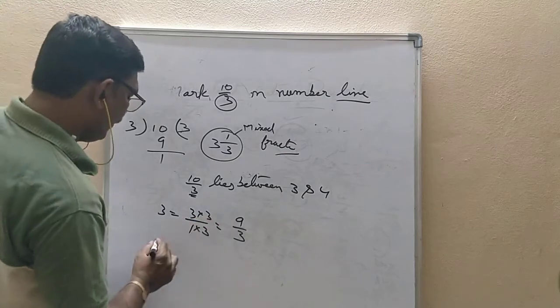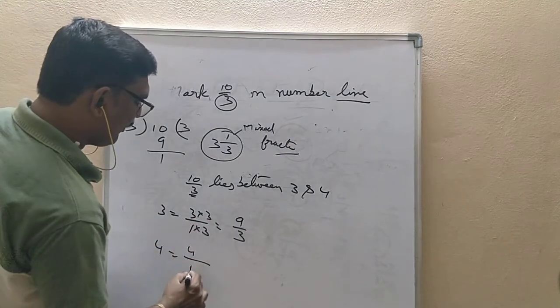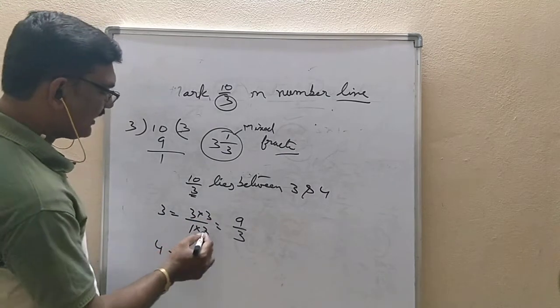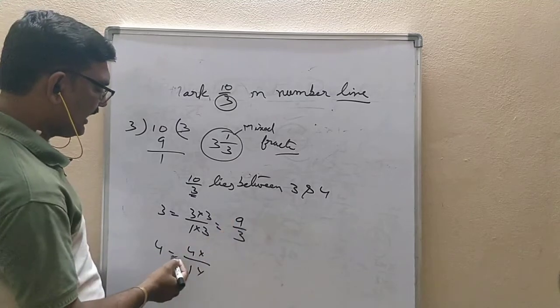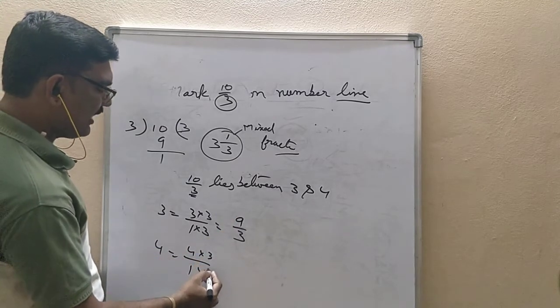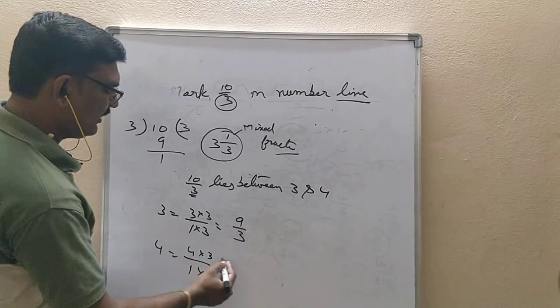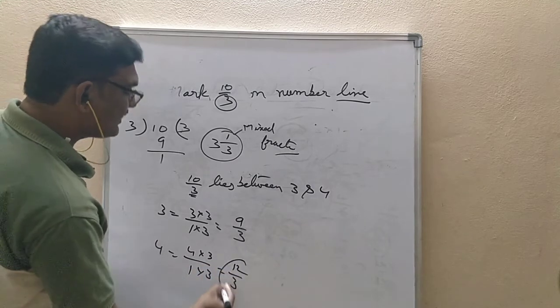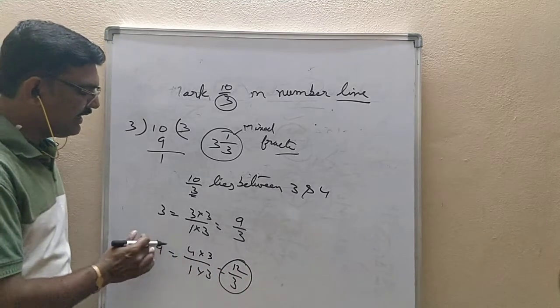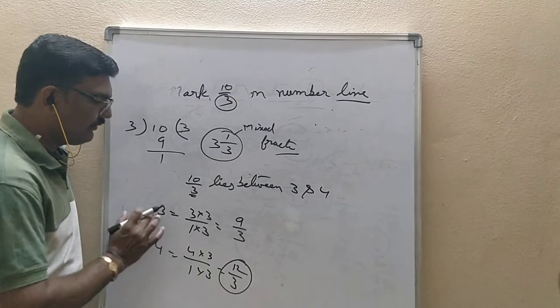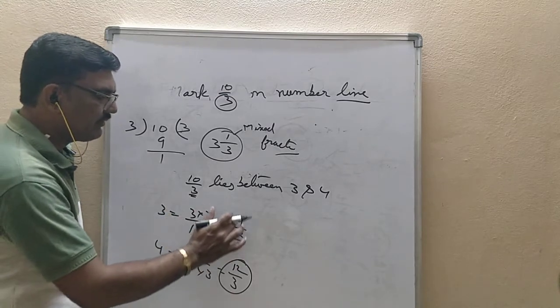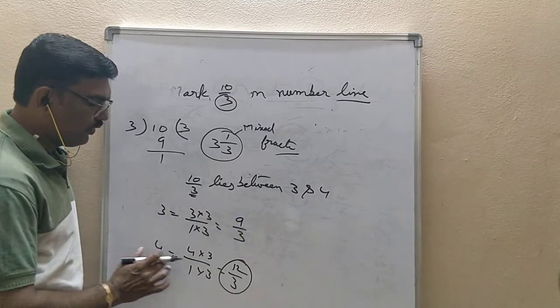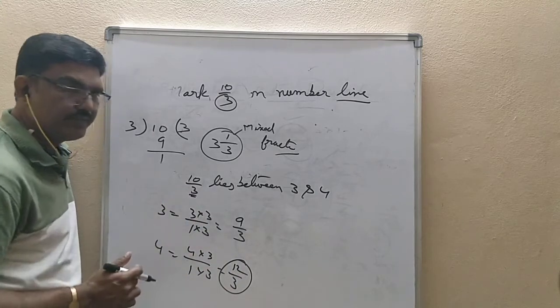Then go for 4. 4 means 4/1. To get denominator as 3, I multiply numerator and denominator with 3. Then 12/3 is the equivalent fraction. For 3 the equivalent fraction is 9/3, and for 4 the equivalent fraction is 12/3.